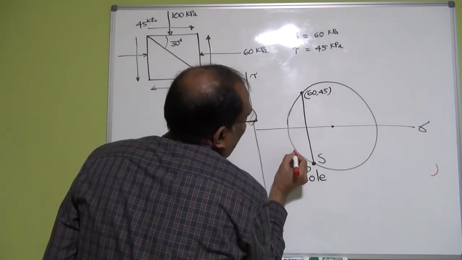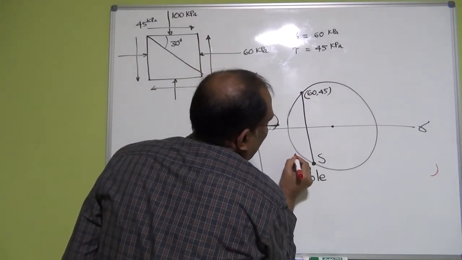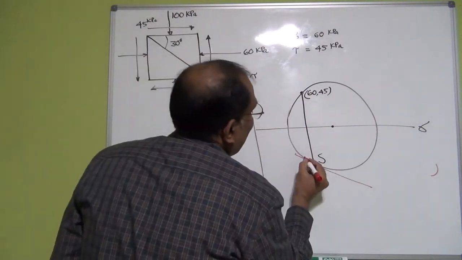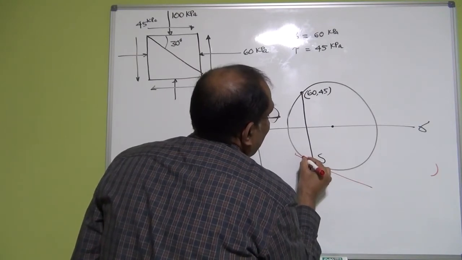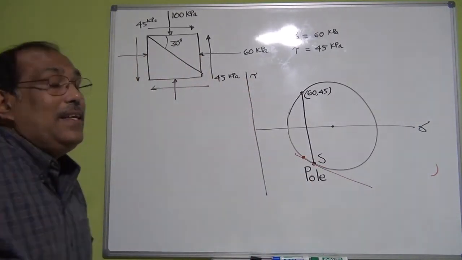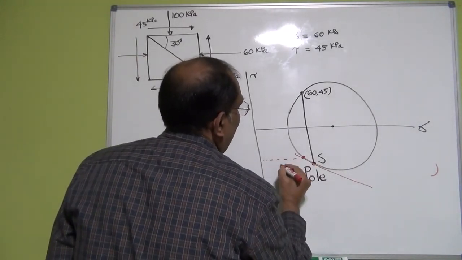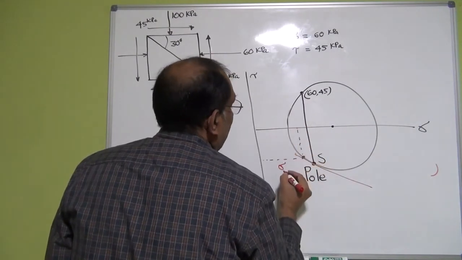If you draw a line here, and it intersects here, that is the sigma and tau for this particular plane.